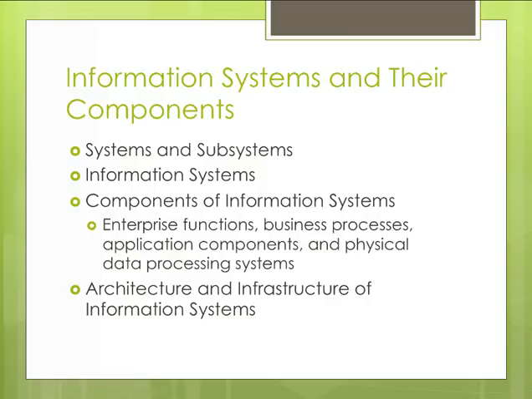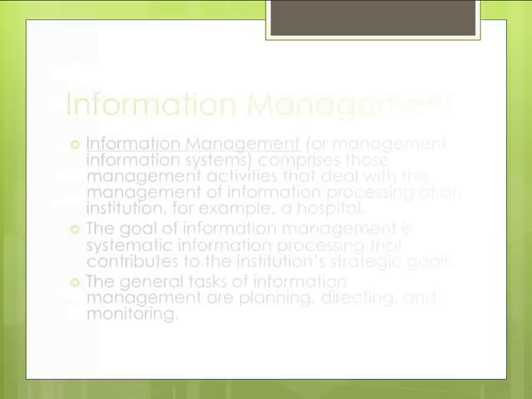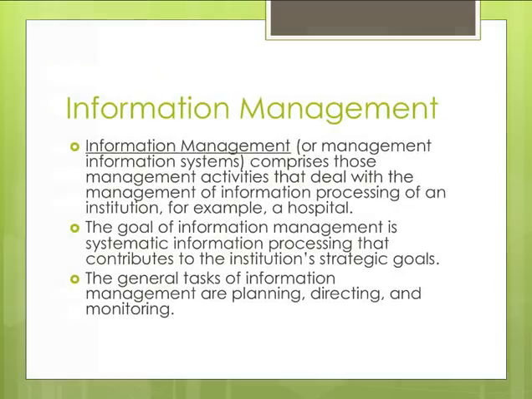And then you have the architecture or the infrastructure, which is really how you bring together all of the processes described in the bullet before. It describes the relationship between the enterprise functions, the business processes, the application components, and the physical data processing system, and how they interrelate and come together. So that's where the architecture and infrastructure is important to understand how those information systems interrelate.